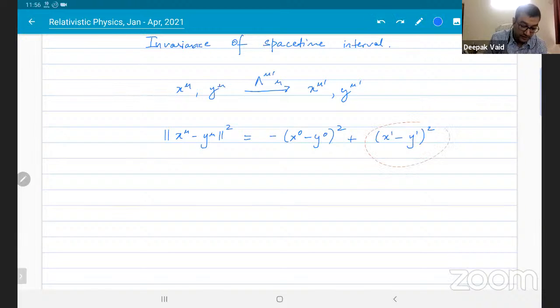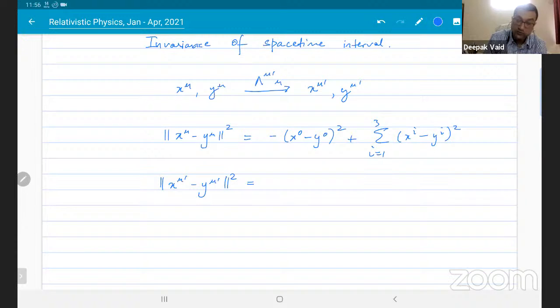So this I will just write as the summation of i equal to 1 to 3 of xi minus yi. Here I can use the summation convention, but I'm just writing it this way to keep things simple. And I can define the distance between the two space-time points after the transformation has taken place.